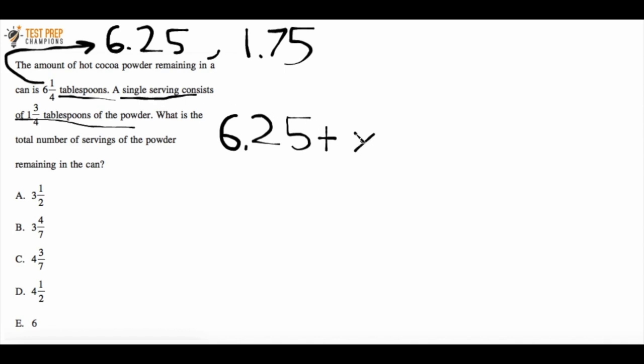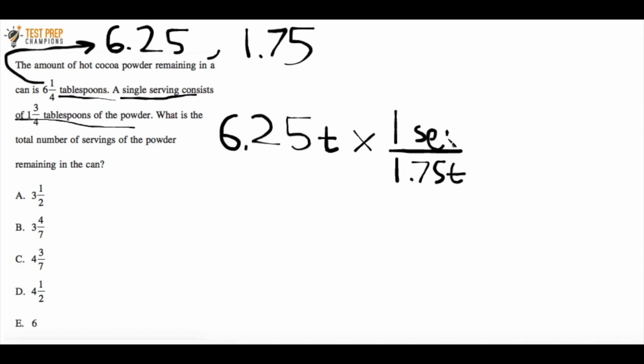So what I want to do here is set up my math so that the units cancel out. Let me make this a kind of cursive T so we don't think it's a plus by accident, which is something I would definitely do. So what I want to do is take this 1.75 and put it down here. And up here, I put 1 serving.